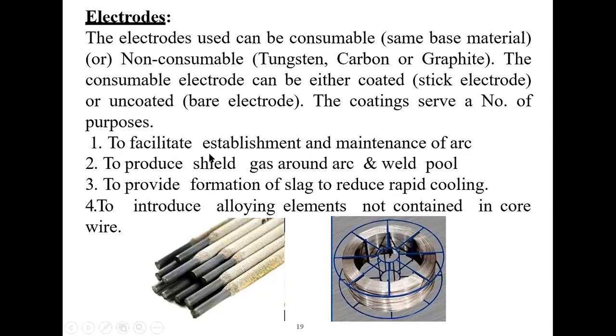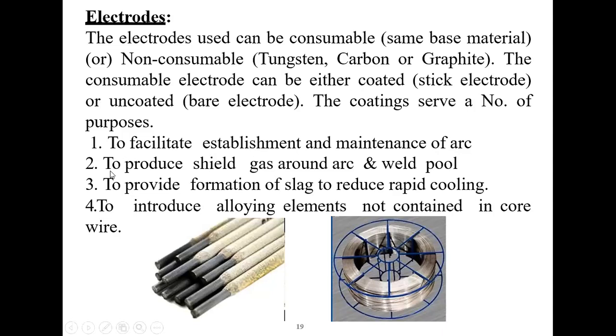Those are to facilitate the stabilization and maintenance of the arc. The coating of this electrode acts as a guide for the arc, and it helps us to stabilize the arc. If we don't stabilize the arc, then the welding will not perform properly.